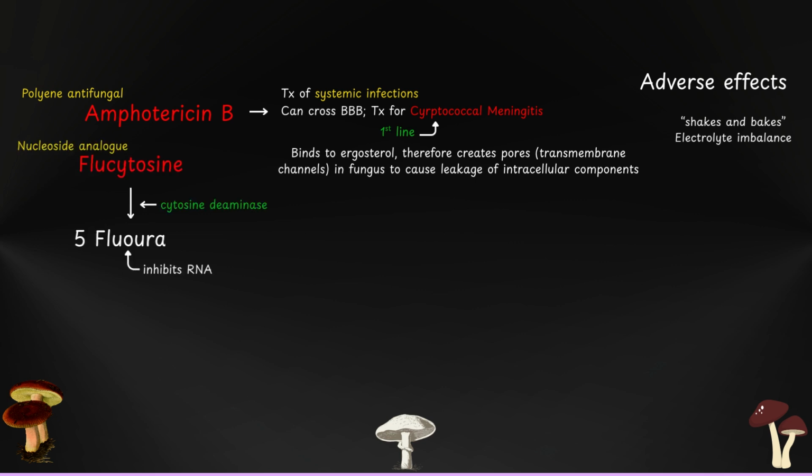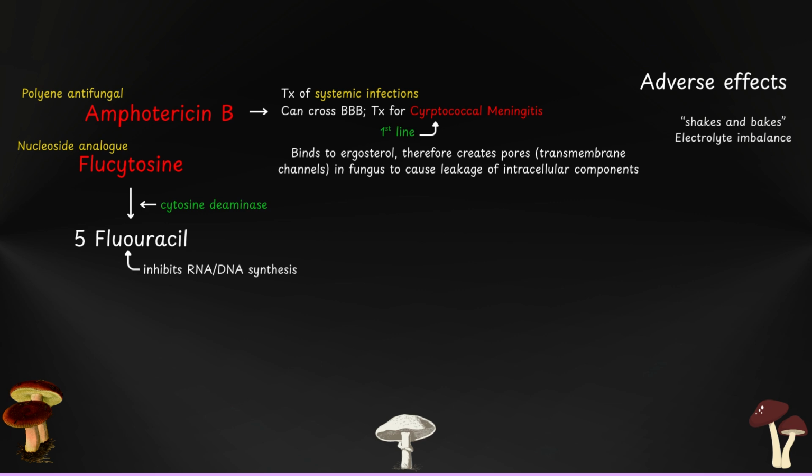Next in line, we have the nucleoside analog flucytosine. If you look at the name, cytosine, you may well recall coming across your bases in DNA, A, T, C, and G. Here you've got cytosine, and what happens is flucytosine becomes 5-fluorouracil, thanks to the enzyme cytosine deaminase.